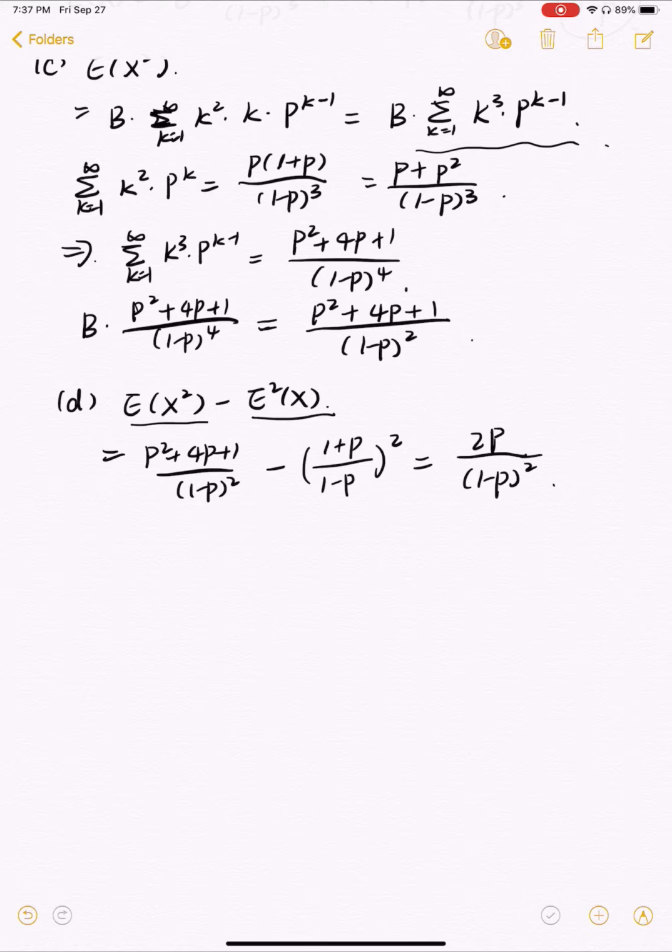Lastly, we look at question E. Question E is that p equals 1 divided by 3. Find the conditional probability mass function.